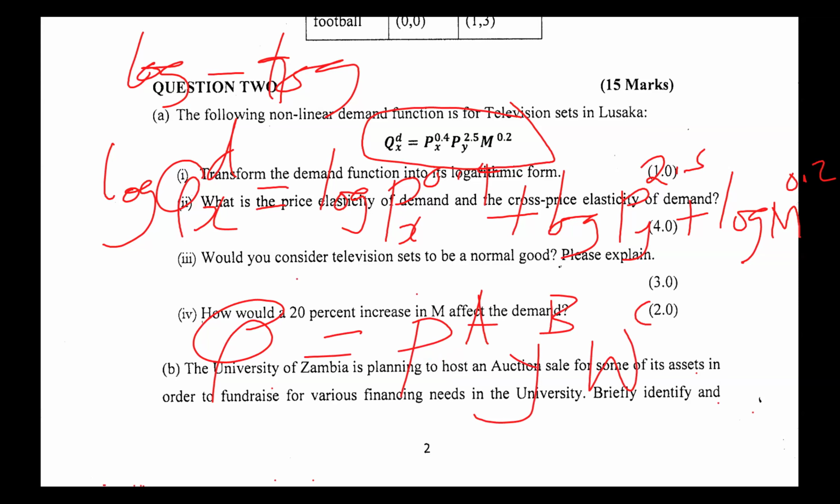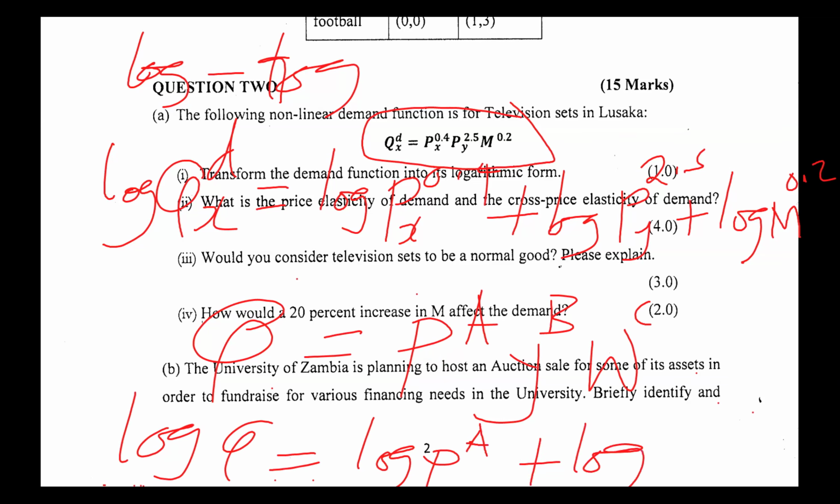If you are to log all of them, you can just say log of Q is equal to the log of P to the power A, follow nicely, plus the log of Y to the power B, plus the log of W to the power C.